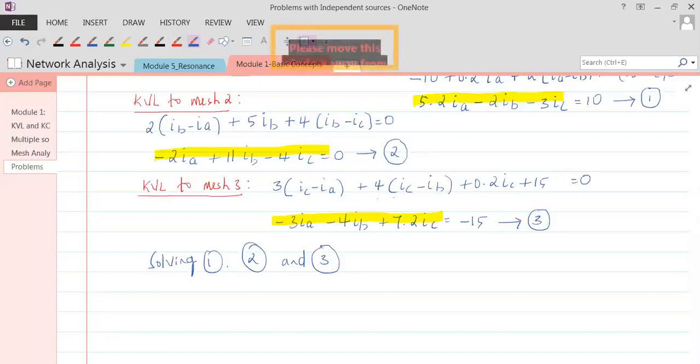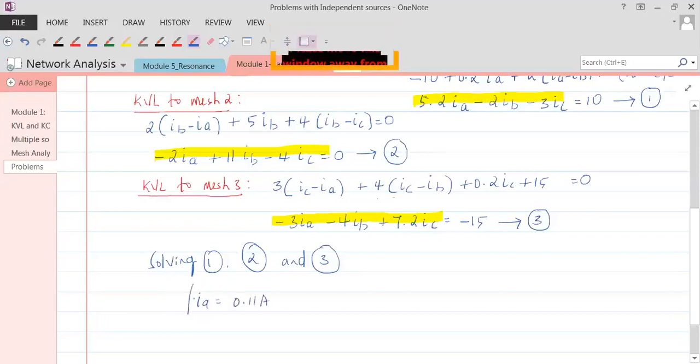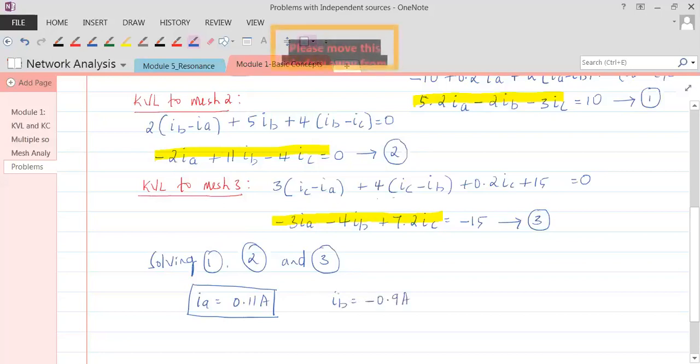IA happens to be 0.11 amps. Put that in a box, highlighting it. Then IB is minus 0.9 amperes.